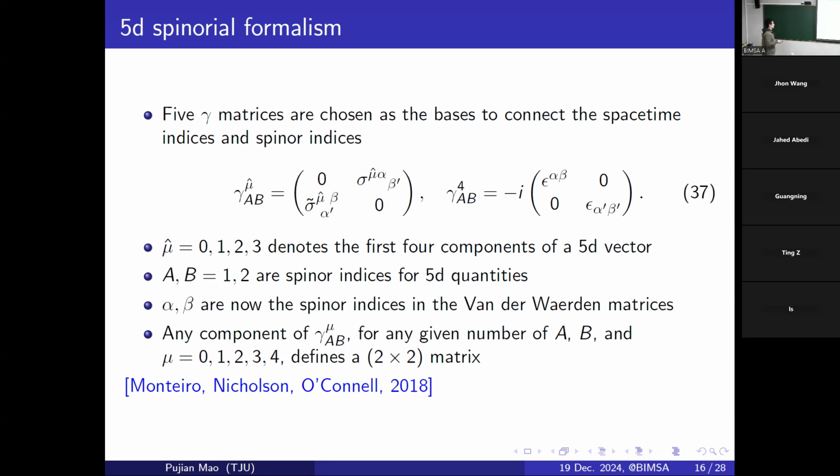For each component of the capital A and B, you define a 2 times 2 matrix. Any component here is basically a Pauli matrix, or the epsilon, the Levi-Civita tensor.